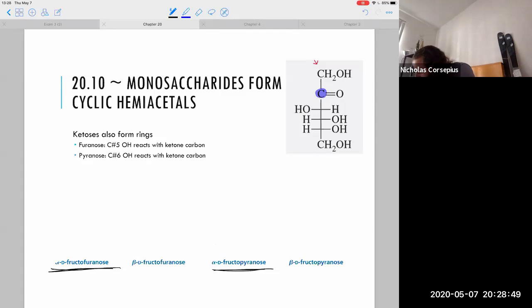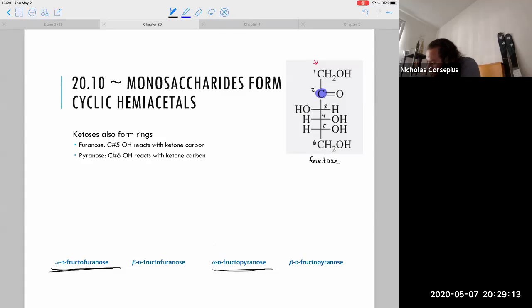So this guy up here, this is fructose. It's the most common sugar found in fruit, so that's how it gets its name. And this can either form a 5- or a 6-membered ring depending on which carbon reacts, okay? You can either have 1, 2, 3, 4, 5, 6.